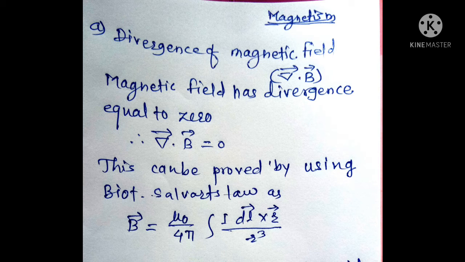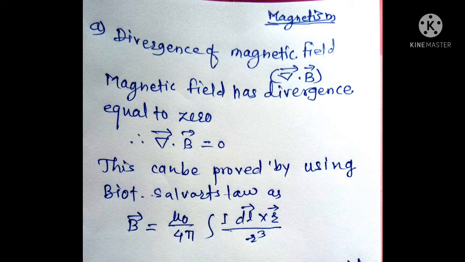We know that electric field lines emerge from positive charge and end on negative charge. However, magnetic field lines do not have a source, in contrast to the case of electric field.